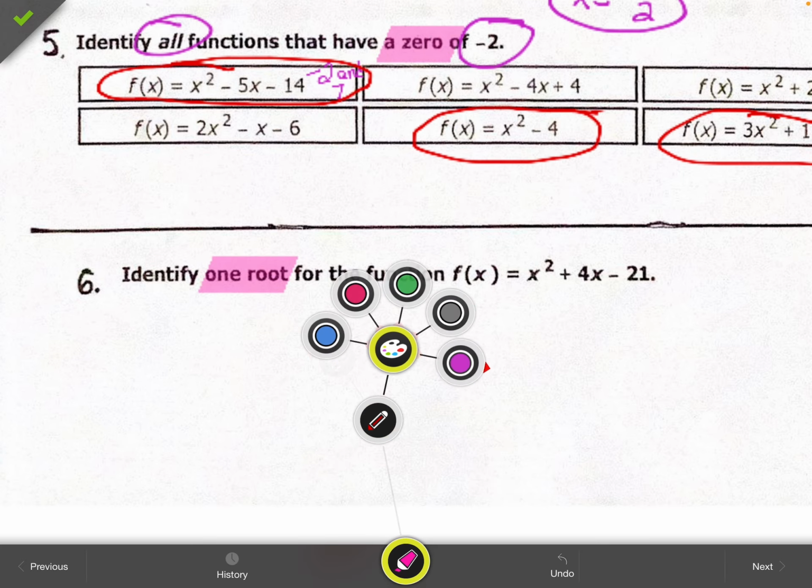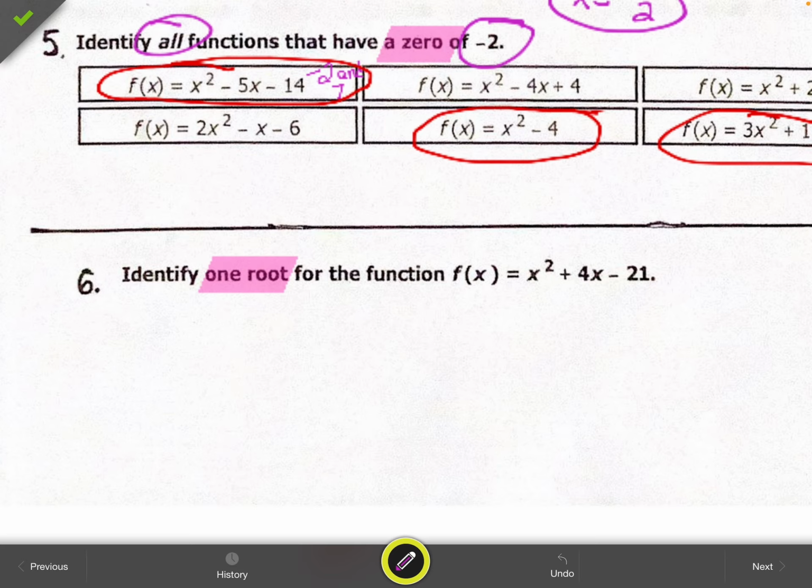So hopefully everybody paused and typed it in. You actually get 2 answers here when you type it into Desmos. You end up with x is equal to 3 and -7.